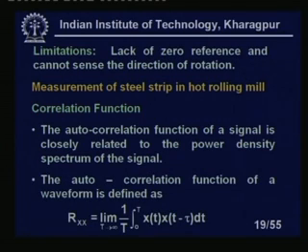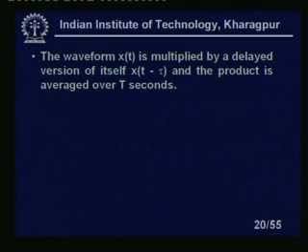The autocorrelation function of a waveform is defined as Rxx(tau) = limit T tends to infinity of 1/T integral from 0 to T of x(t) x(t minus tau) dt. The waveform x(t) is multiplied by delayed versions of itself, x(t minus tau), and the product is averaged over T seconds. If it is multiplied by the same signal delayed by some time, we call it the autocorrelation function.